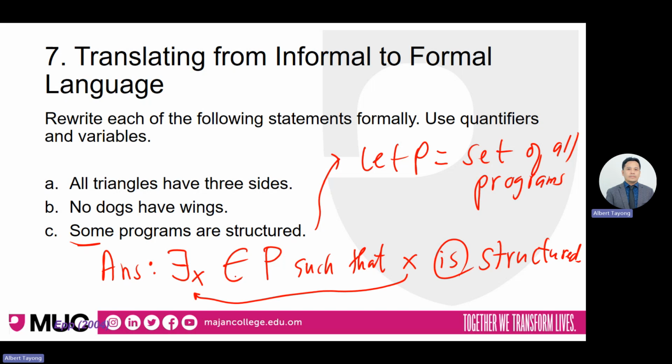That means every. I mean, there exists. This is not every because it is some. So x here is for there exists, because we use x as one value. That's why we use "is". You cannot say "x are structured". So it's like there exists a program which is structured, or such that it is structured.